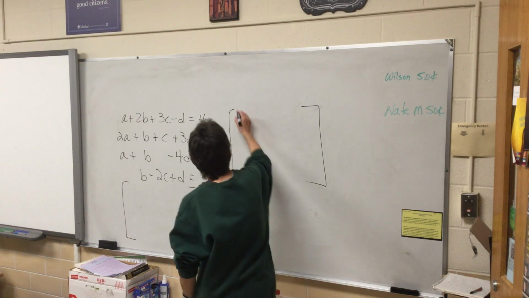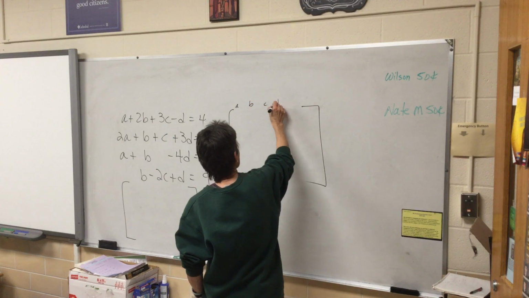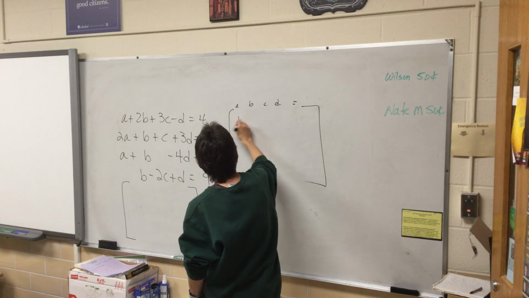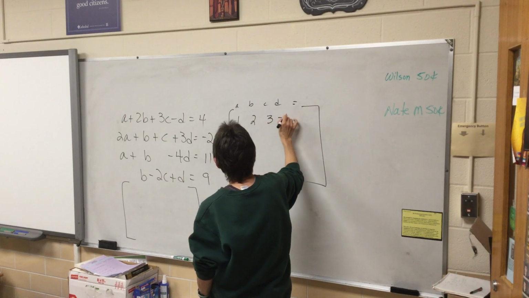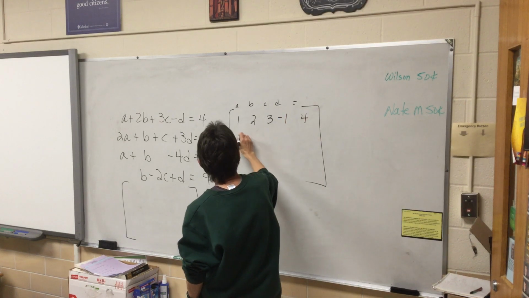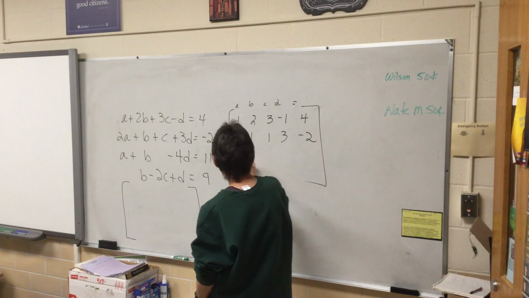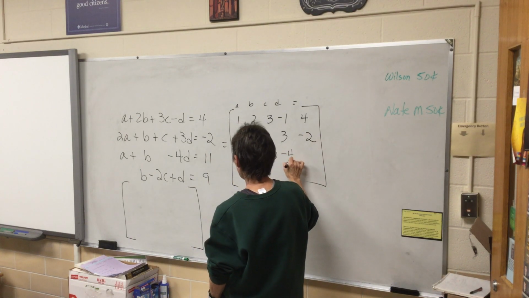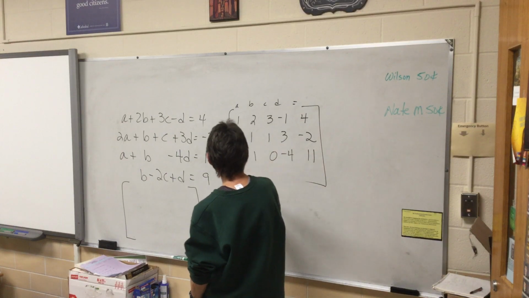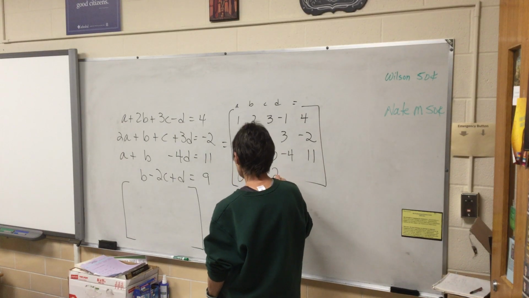So here we go. I'm going to put in my A's, B's, C's, D's, and equals numbers. I got to be very careful to get all the zeros in the right spot and all my negatives in the right spots.